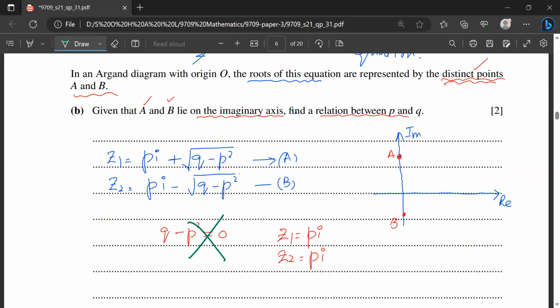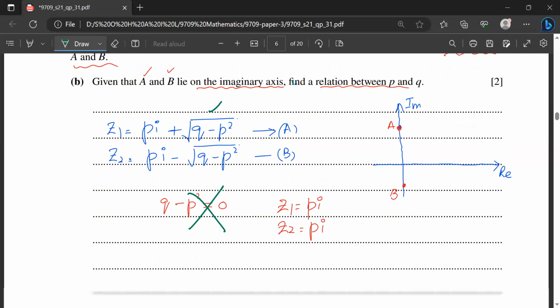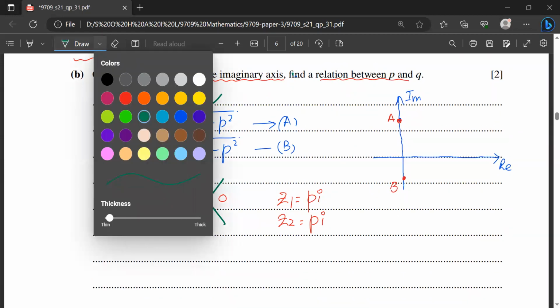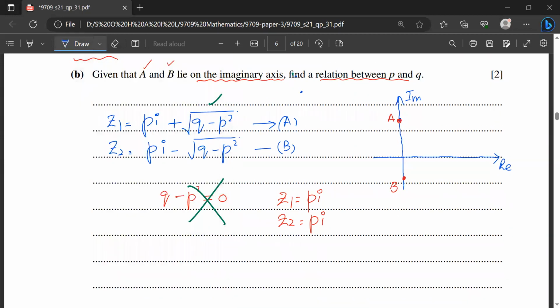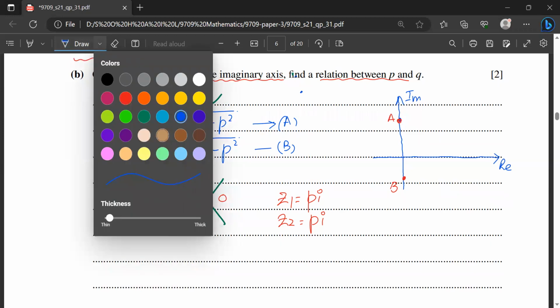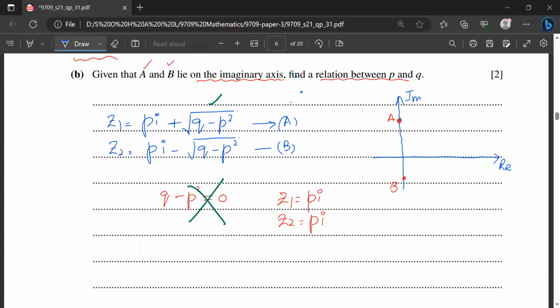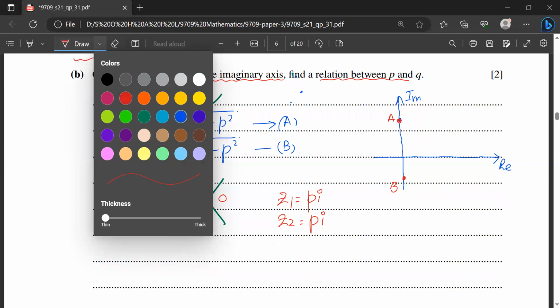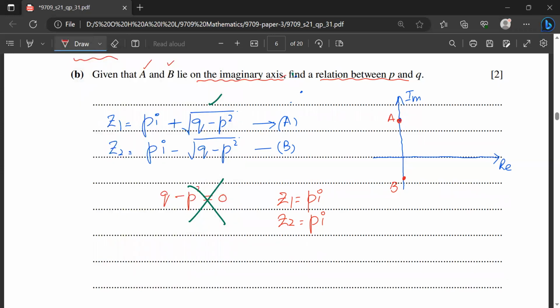So what is the other option then? What about this square root thing? The square root thing, as it is on the imaginary axis, is Q minus P square.